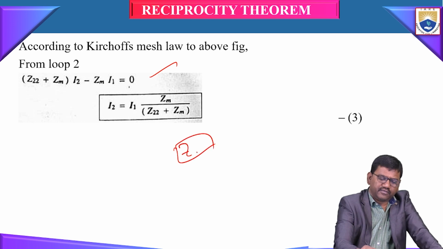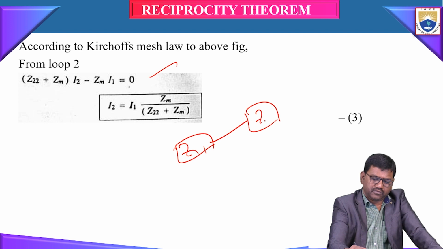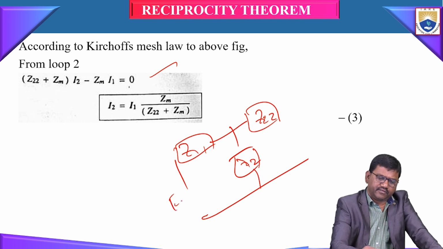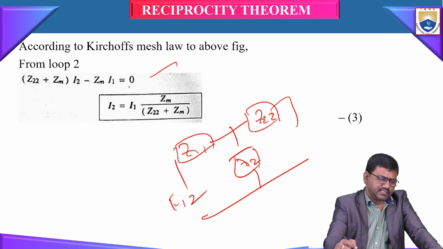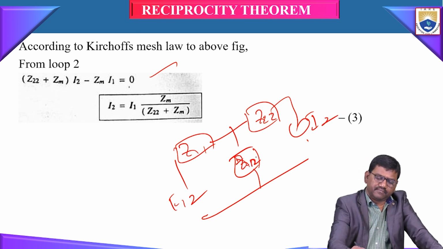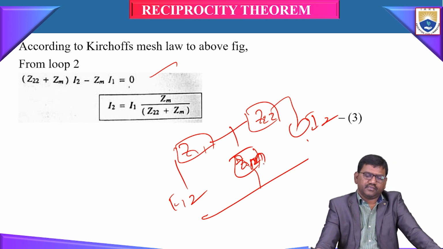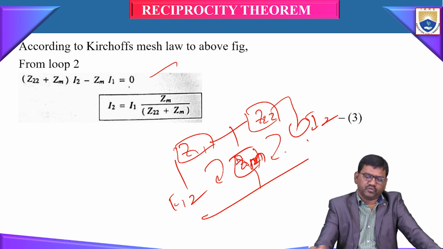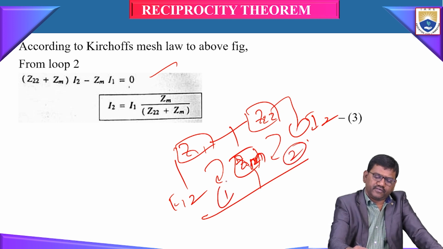Suppose this is Z11, this is Z22, this is Z12, the mutual transfer impedance, and here this is E12, and we're applying I2 here. So let us assume this as Zm, the mutual impedance. For this equation, we can write the Kirchhoff's law for loop 2 and loop 1.